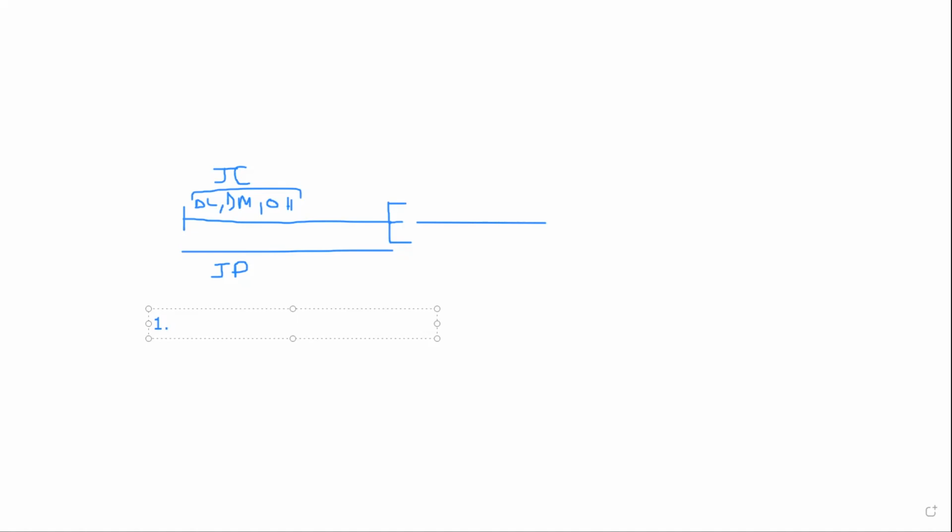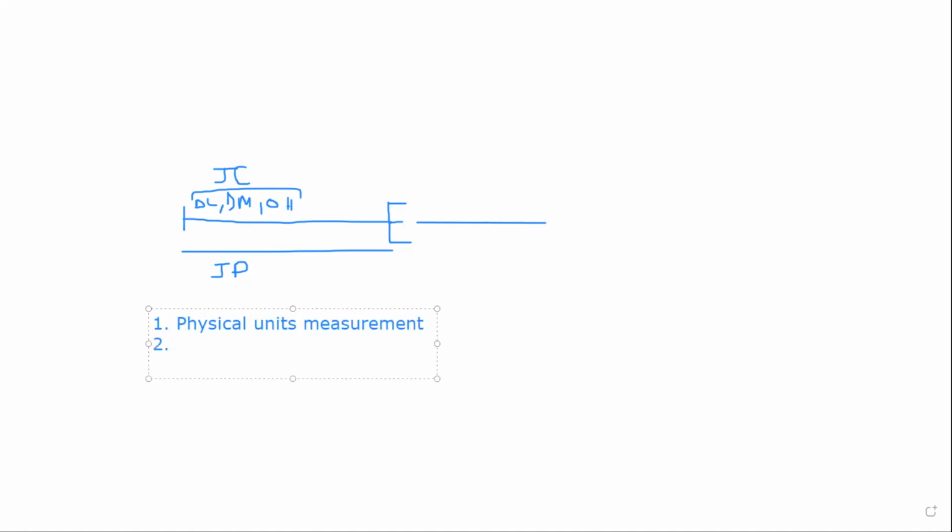Method number 1 is the physical units measurement.